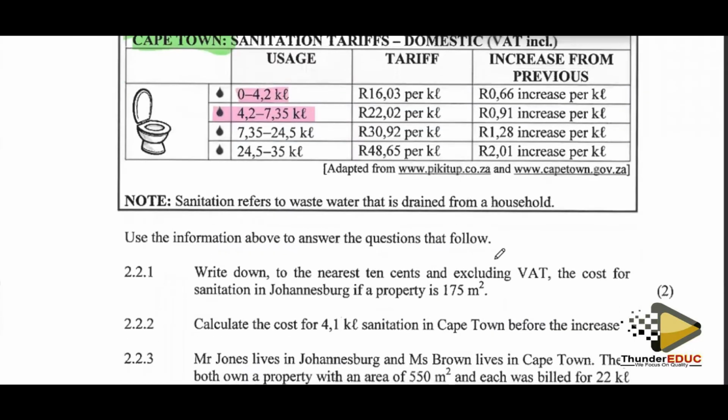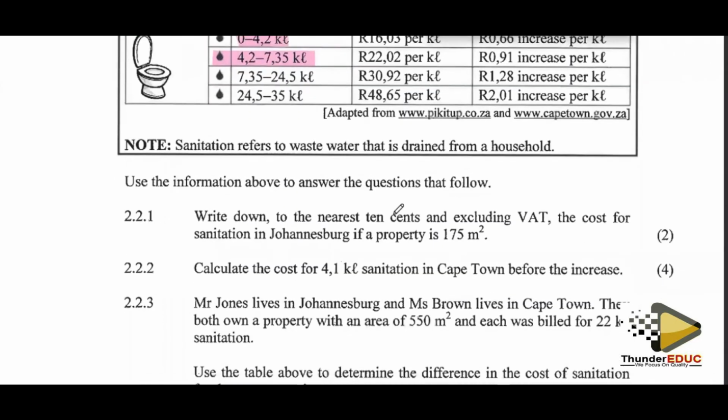So they're asking you to write down, to the nearest 10 cents and excluding VAT, the cost. So in other words, it's 228 rands 6 cents, not 60 cents.